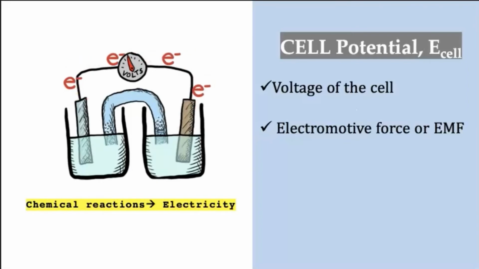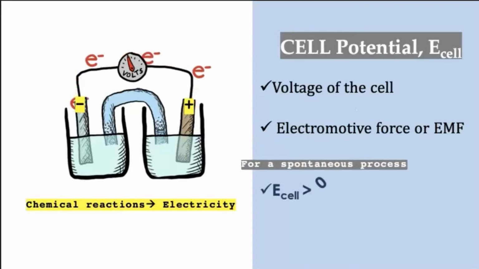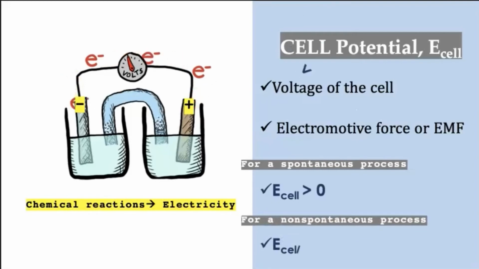Recall that electrons flow spontaneously from the negative to the positive electrode, that is, toward the electrode with a more positive electrical potential. Thus, when the cell operates spontaneously, there is a positive cell potential, and in the same way, E cell is negative for a non-spontaneous cell reaction.